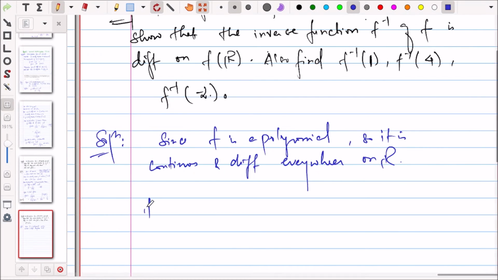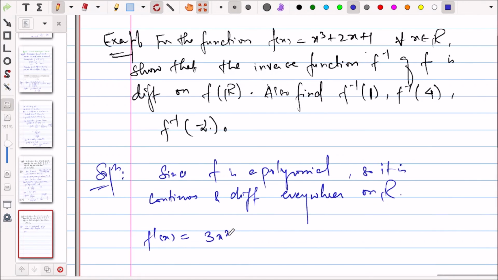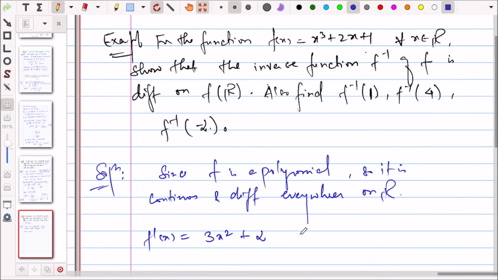Now f dash x क्या होगा तुम्हारा, it is 3x square plus 2, right, which is greater than or equal to 2, which is greater than 0.